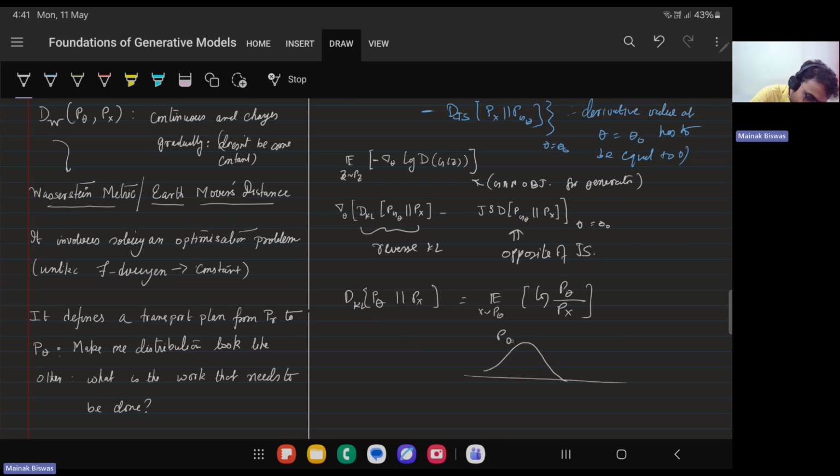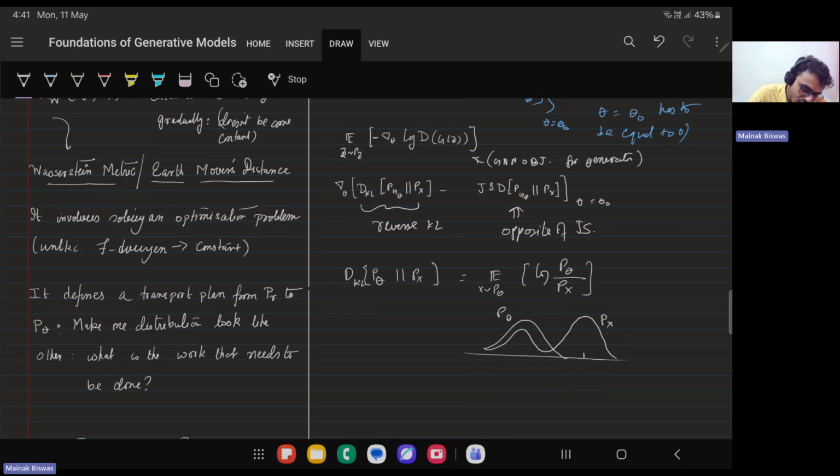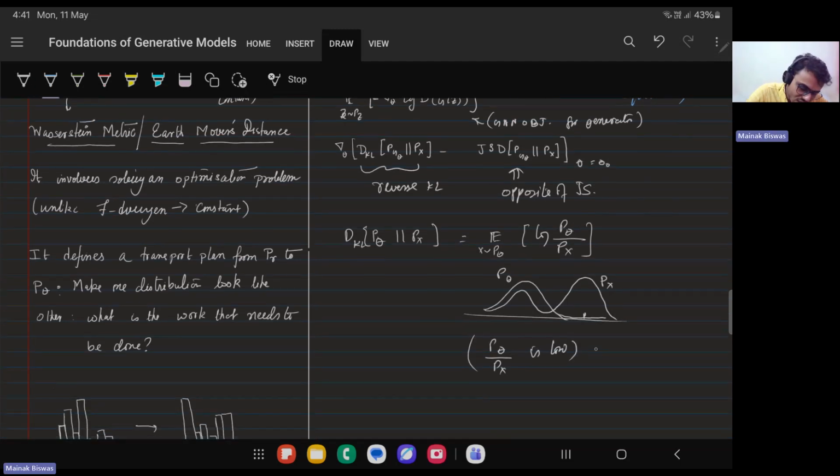This is my p_theta, and this is my p_x. Then at this point, p_theta by p_x is very low, and no penalty is incurred.